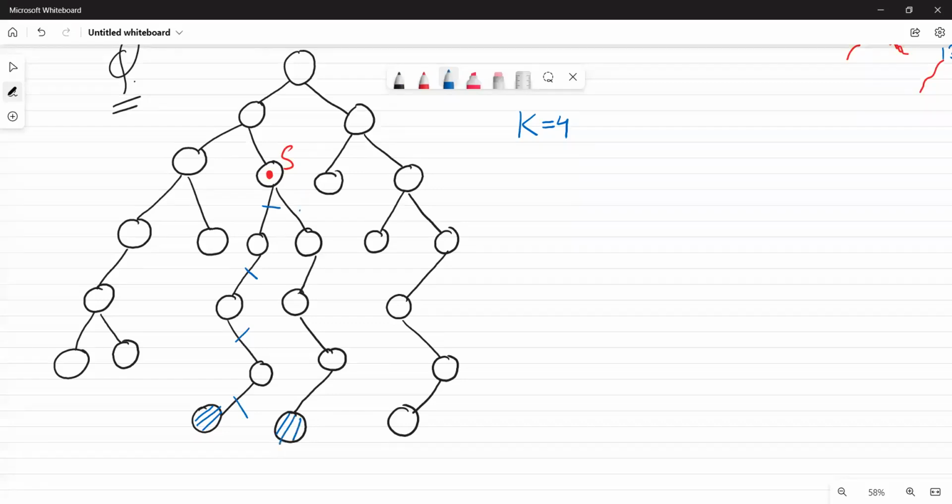So this one is also there: 1, 2, 3, 4. Other than this, is there any node which is at distance k from the left hand side or right hand side of the source node? No.